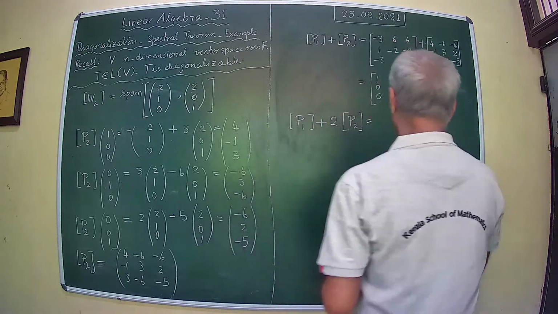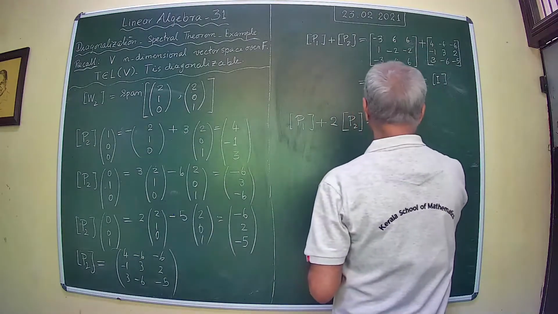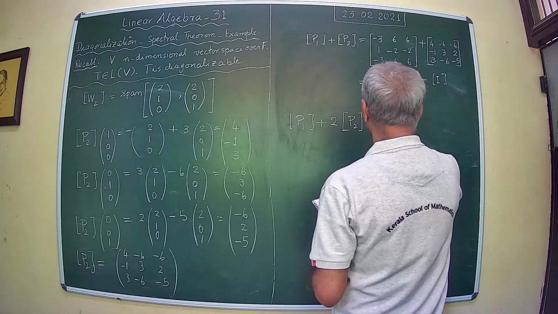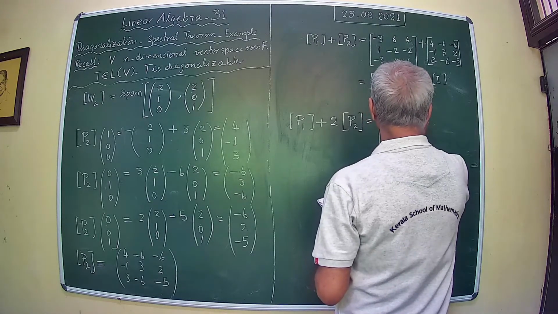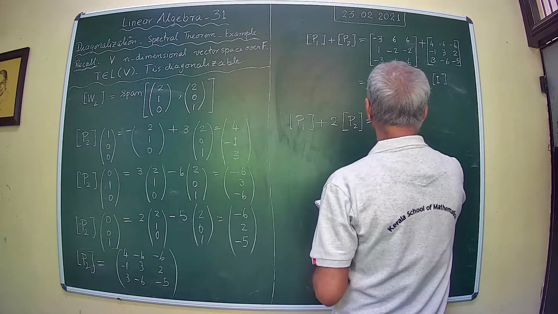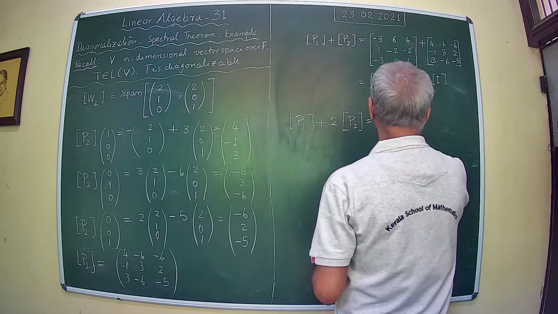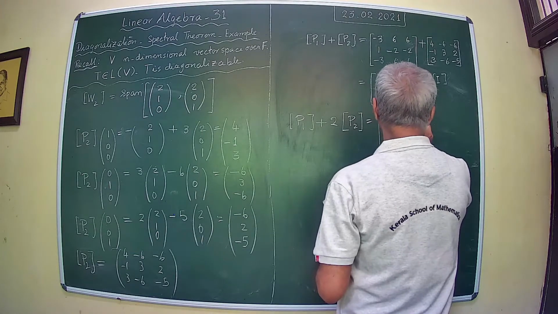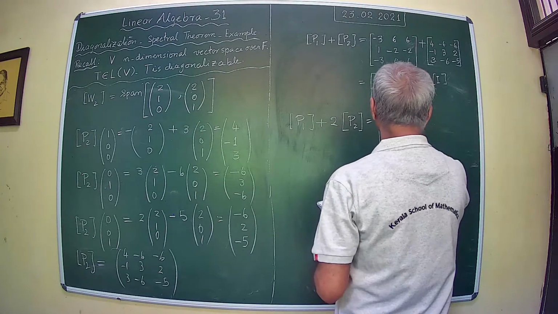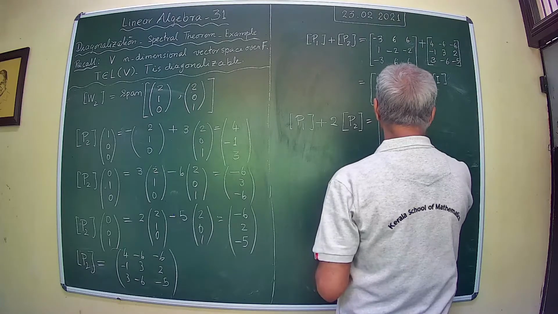This is equal to minus 3, 6, 6, minus 1, minus 2, minus 2, minus 3, 6.